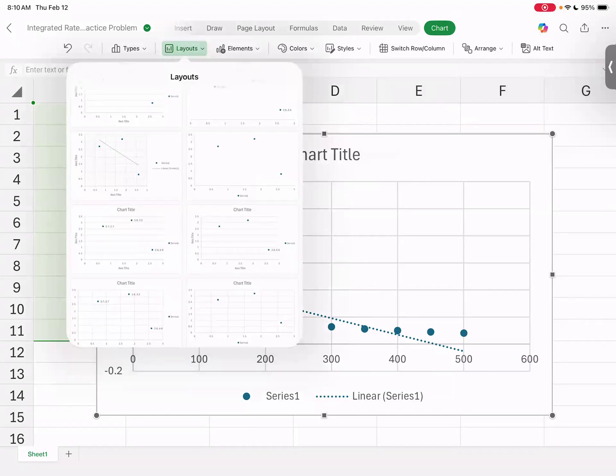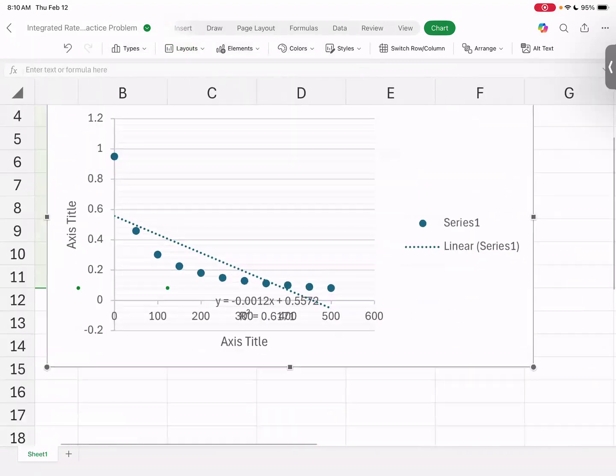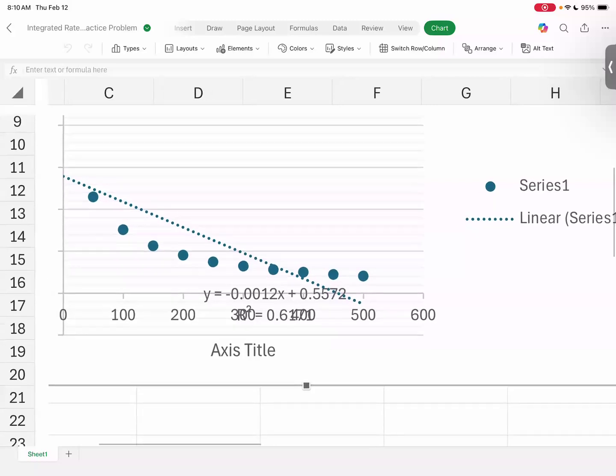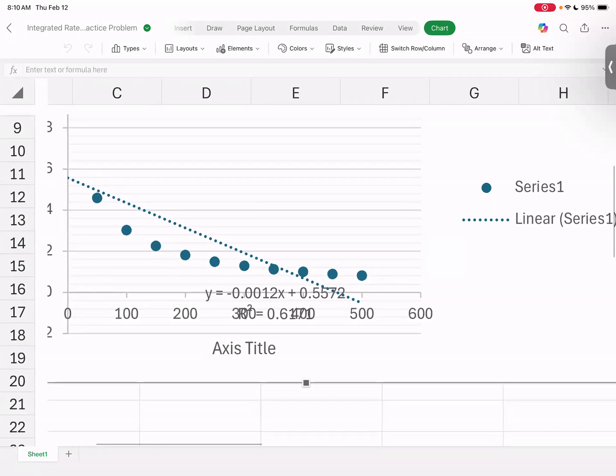And I am going to add the trend line that has the equation. It's not very visible, but the R squared here is 0.61 something. So that is not a very good trend line with graphing concentration versus time.